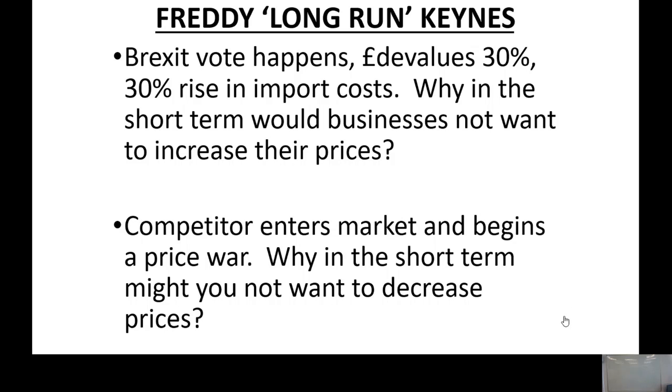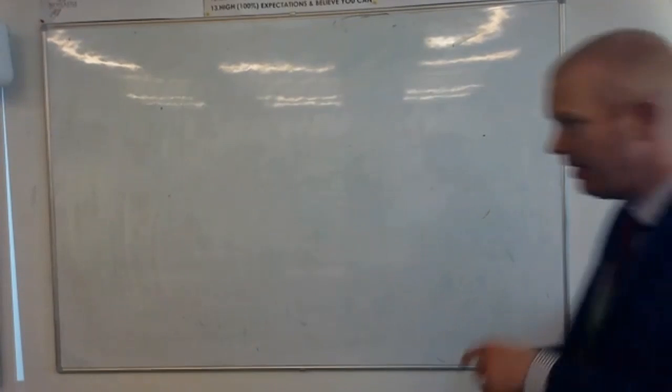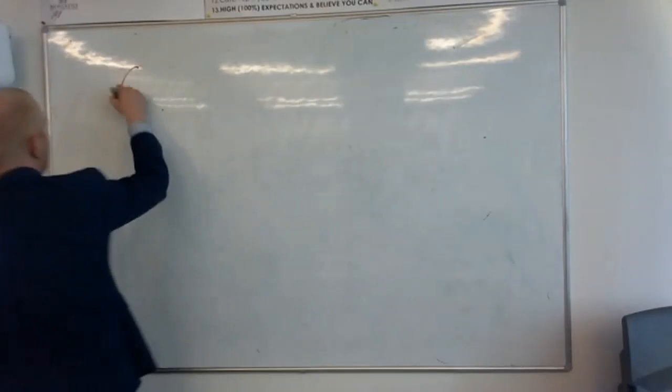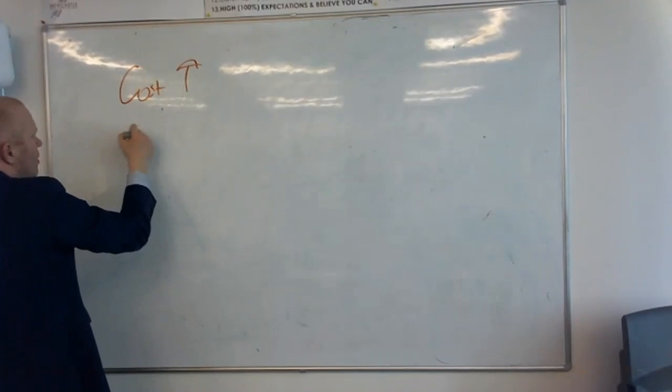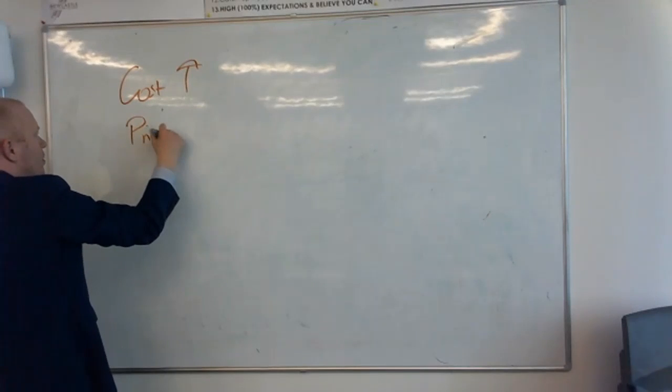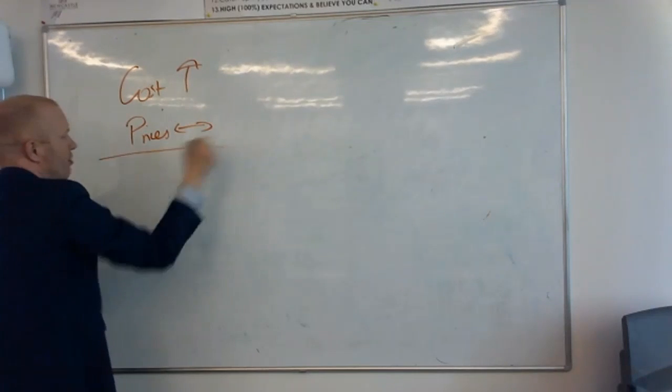So thinking about what the possible answers could be. In the short run, when your costs go up, what you might not want to do is to put your prices up, so they stay the same for a number of reasons.